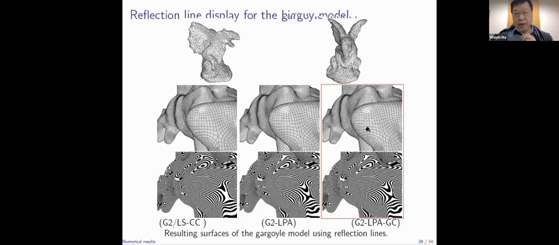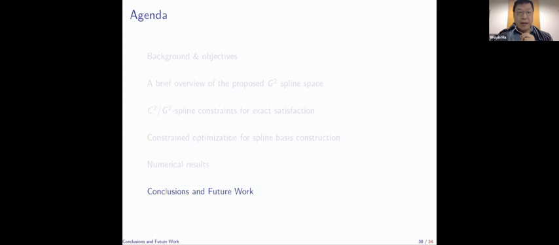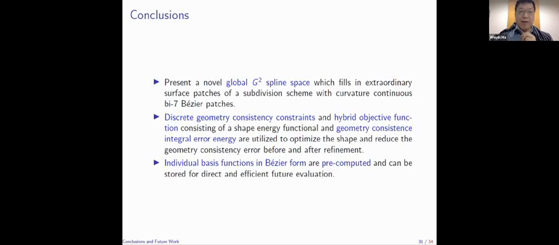However, if you see the meshes here, we use the ARPA scheme, the mesh, no matter which level it is, is always uniform subdivision, uniform distribution of the control points. So in any case, all of them are G2 or C2 continuity. I think that's all what we have here.